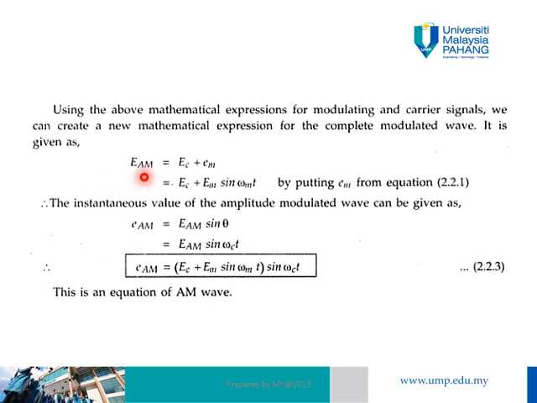The amplitude modulated signal is the carrier plus the modulating signal. It is only an addition process, EC plus EM.